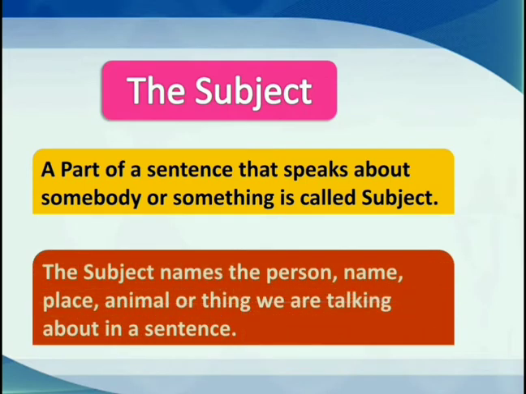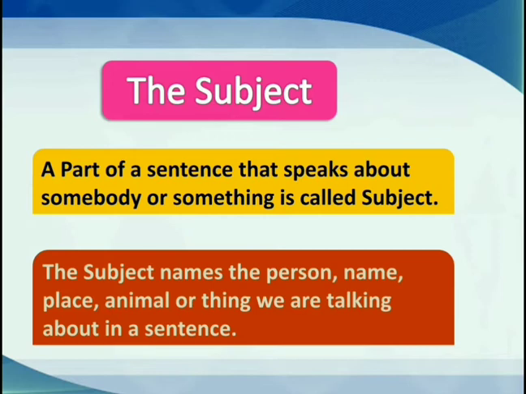The subject is the name of a person, place, animal, or thing about whom we are talking in a sentence. That is, who was running in the field? The horse. Who was drinking the milk? The cat. So, with this, we are able to identify a subject.